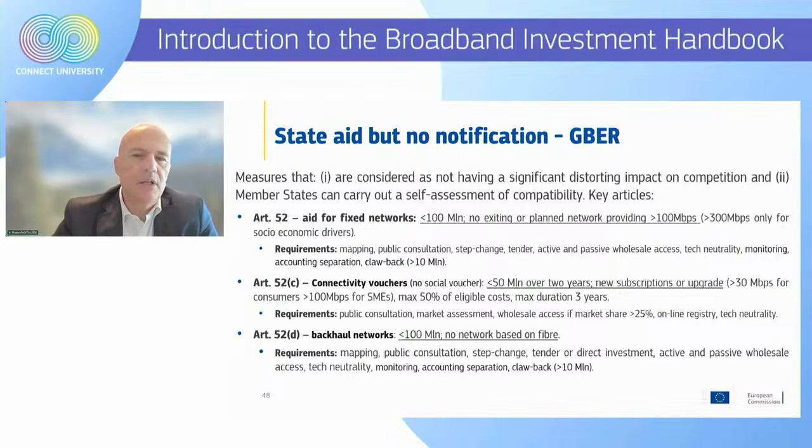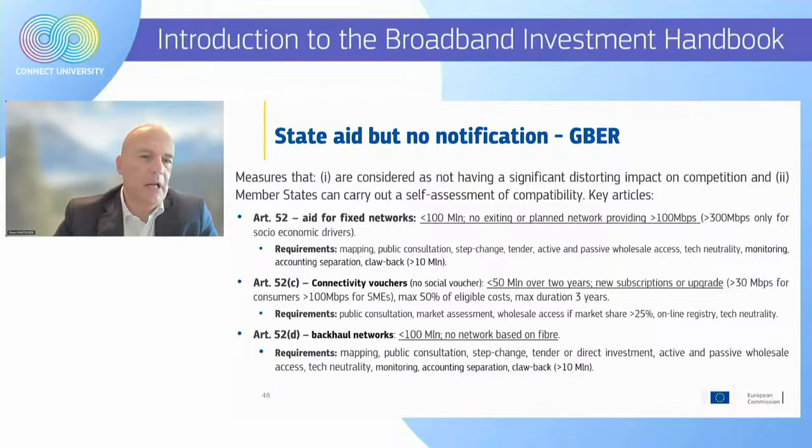As I said in the introduction, GBER has been amended quite recently, a couple of times. The last version is called the Green Deal GBER, and it has broadened the type of project that can be covered by GBER.